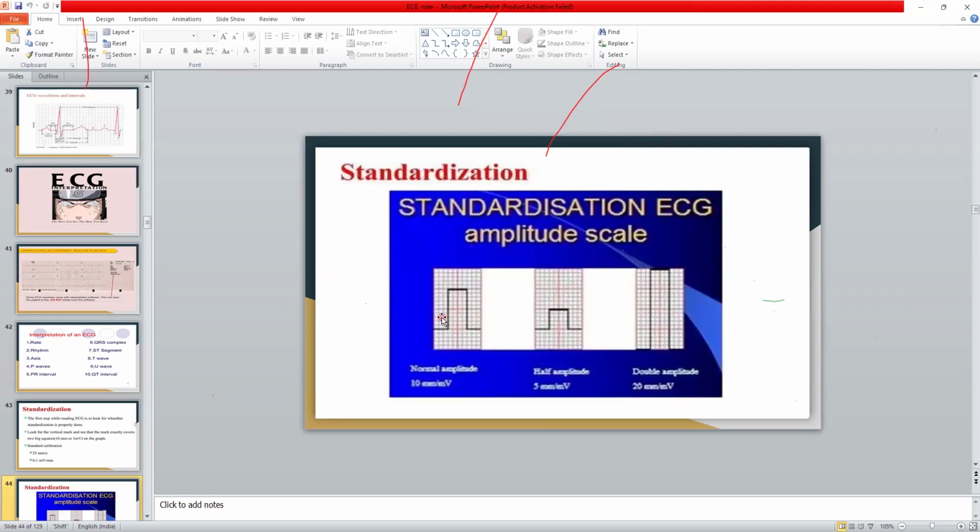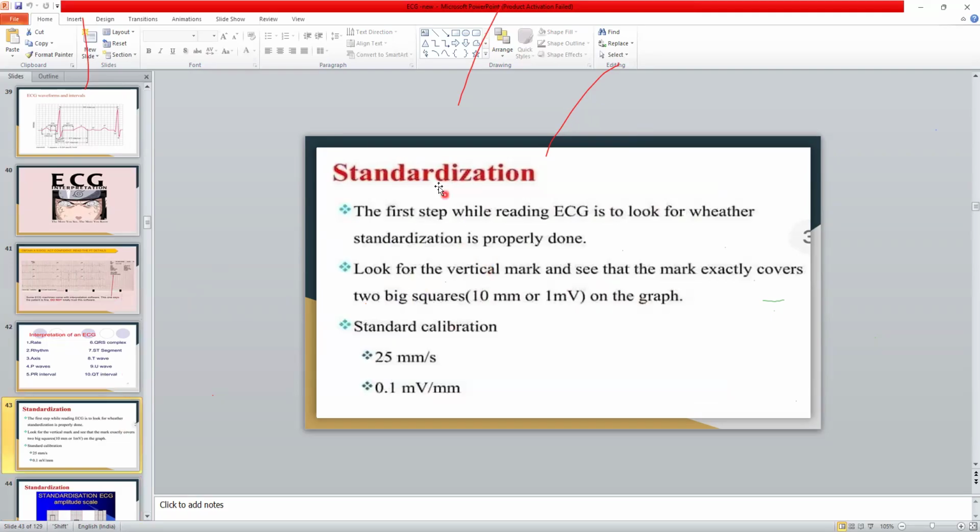This is the standardization which you will be seeing in front of all the leads in the ECG. So what does this standardization denote? This standardization denotes whether the ECG has been taken with the proper amplitude and with the proper speed.